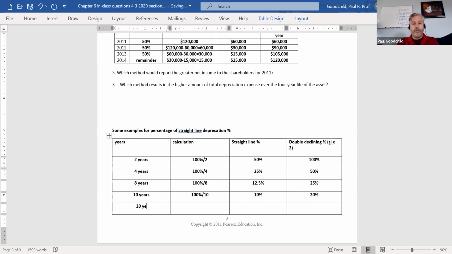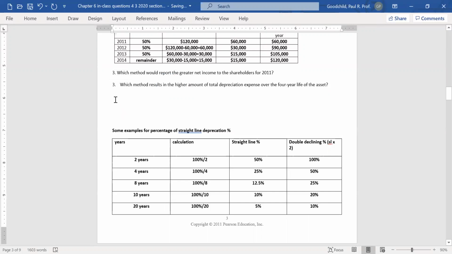Say 20 years, 100% divided by 20, 5%, 10%. Okay, so does that help, Dom?